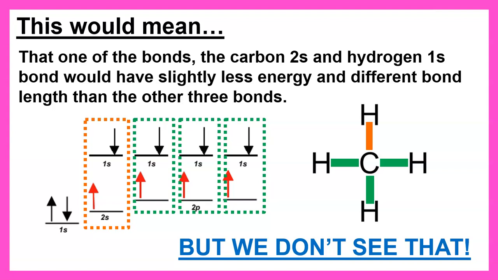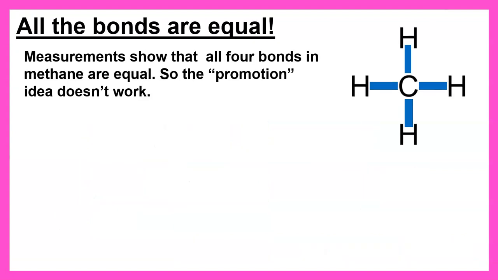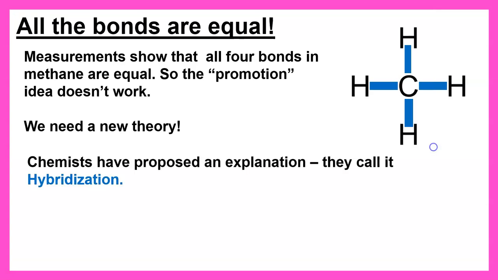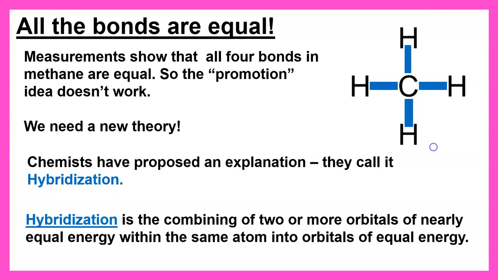In reality, all 4 bonds have the same energy and the same length. That's how they knew this promotion idea of promoting or boosting an electron up didn't work. The new theory was hybridization. Combining those orbitals to make new shapes that are identical, that have the same energy, same length, that was the new idea.